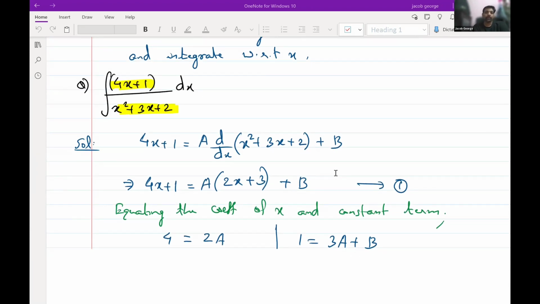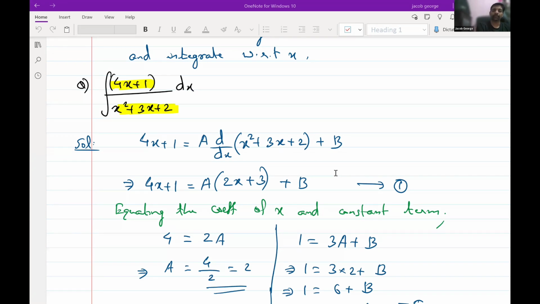4x plus 1 is equal to a into d by dx of x square plus 3x plus 2, plus b. That is, 4x plus 1 is equal to a into the derivative of x square plus 3x plus 2, which is 2x plus 3, plus b.